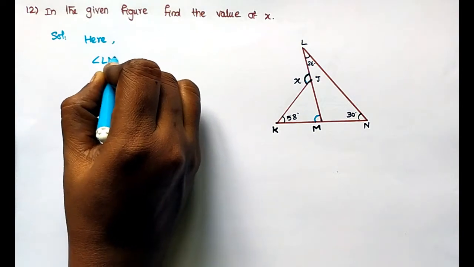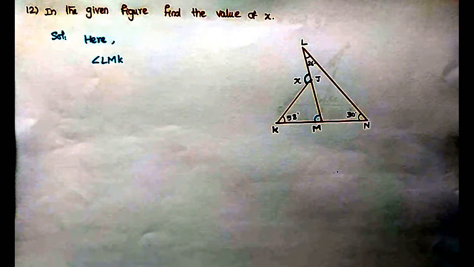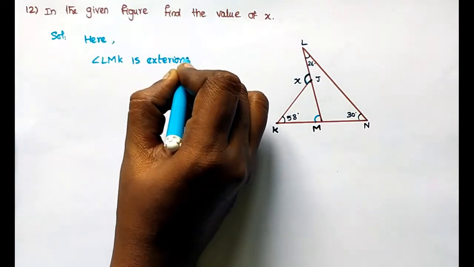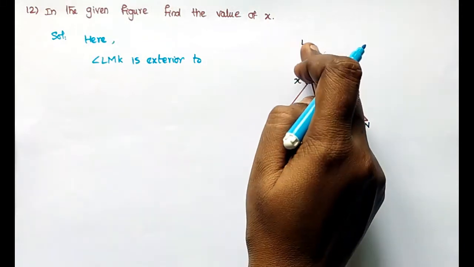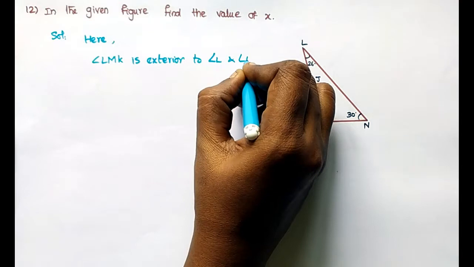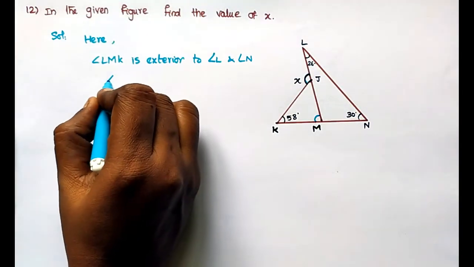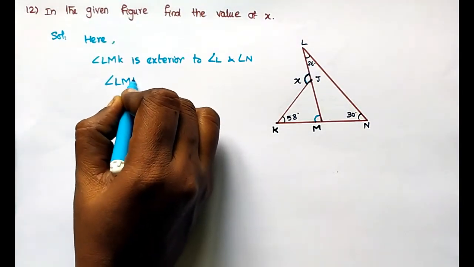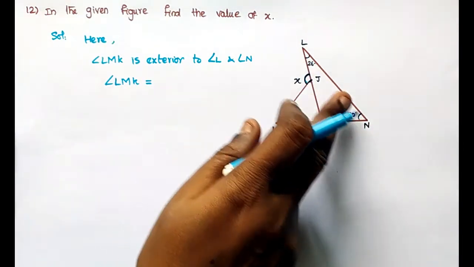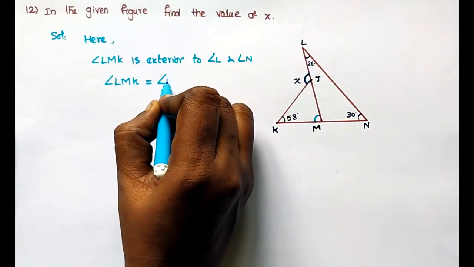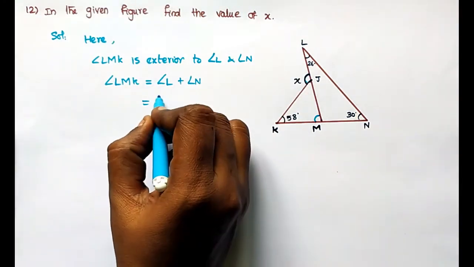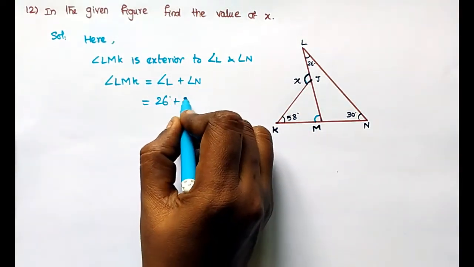Angle LMK is exterior to angle L and angle M. So angle LMK equals the exterior angle, equal to the sum of the opposite interior angles, L plus N. L is 26 degrees and N is 30 degrees.